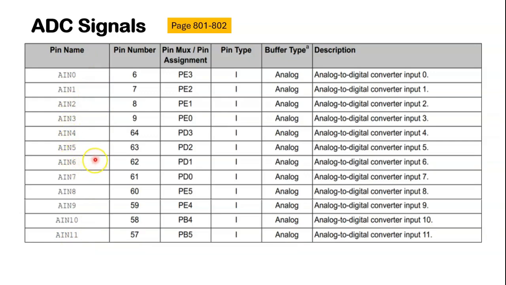Now, out of all these signals here, I'll be using the AIN0. That is pin 6 of the TM4C123GH6PM microcontroller, or the PE3 pin on the LaunchPad board.